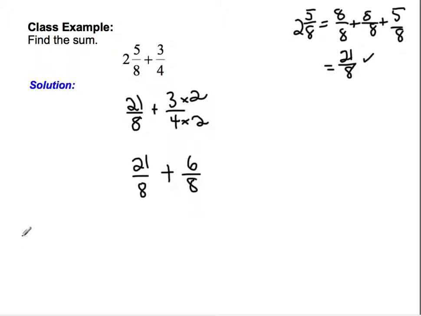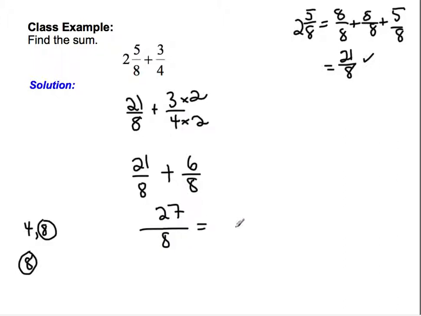Again, if you don't remember how to do this from lesson 3, list your multiples. 4, 8, and 8 is already the same, so we know we can just stop there. And we have 8. Once our denominators are the same, we add our numerators and we have 27 over 8.